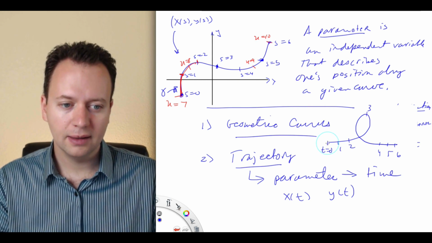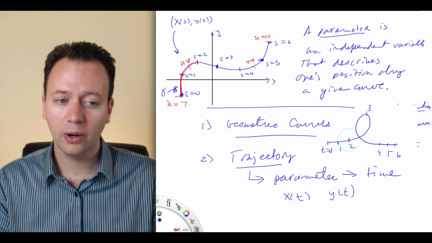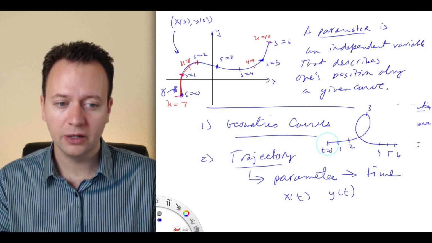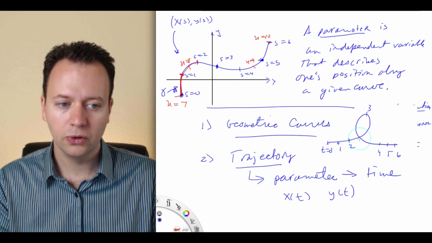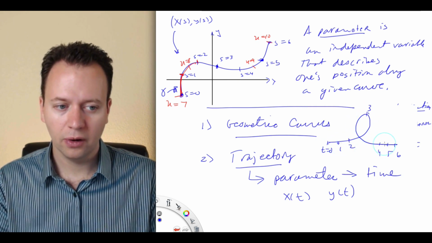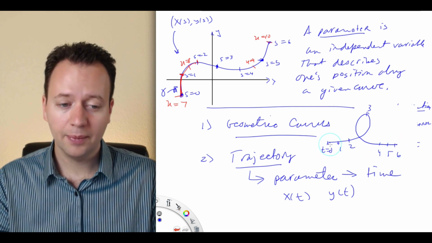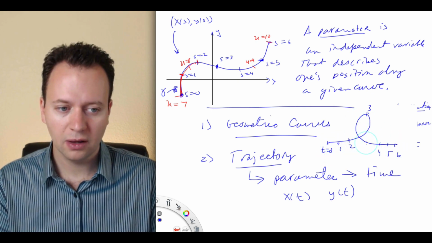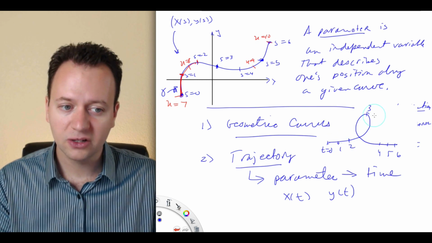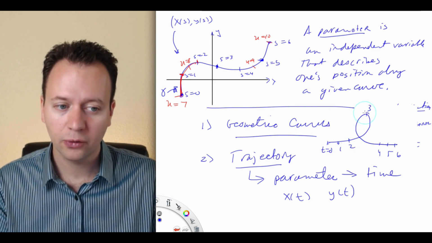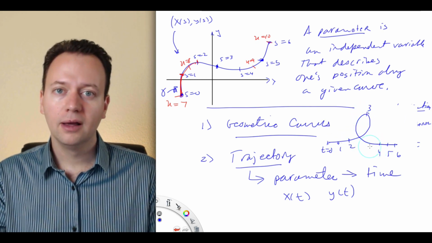Because the space between each notch represents an equal amount of time. See what happens? 0, 1, 2, 3, 4, 5, 6. See how I had to speed up to get from 2 all the way up to 3 and then 3 back down to 4?